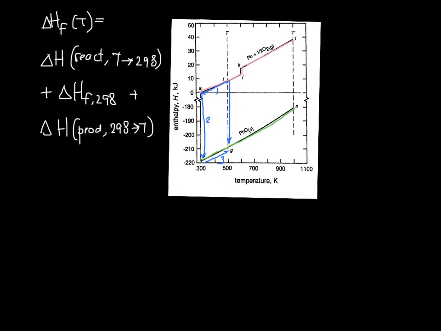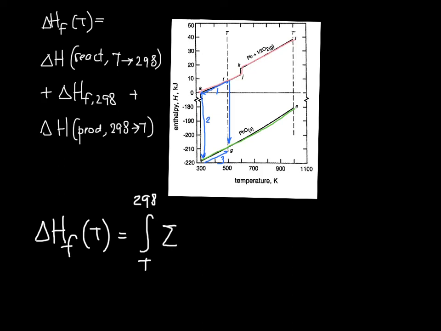So we can then write that as an actual equation. That delta H, the enthalpy of formation at some temperature other than 298, is equal to the integral from T to 298. So this is our first step.